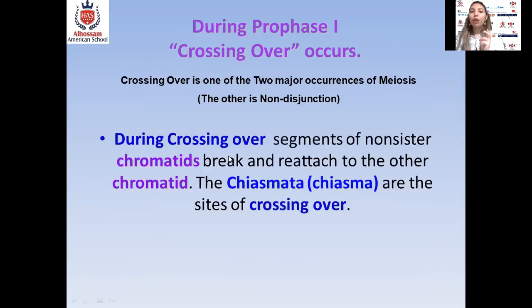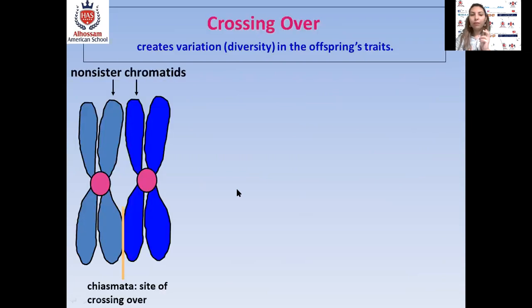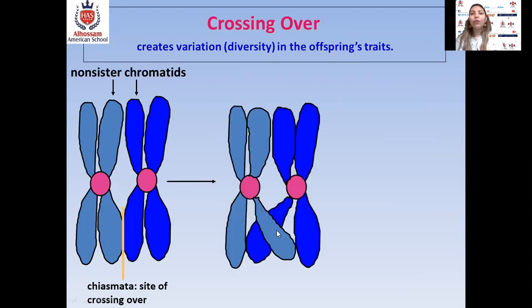So I want to show the crossing over here. We have 4 chromatids here, and the crossing over happens between 2 different chromatids, not on the same chromosome, but between the 2 chromosomes.